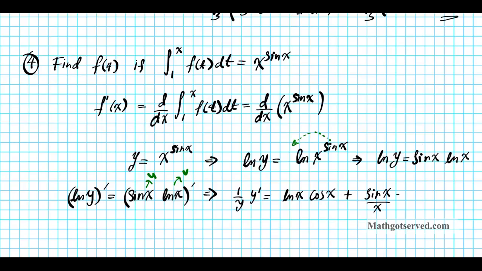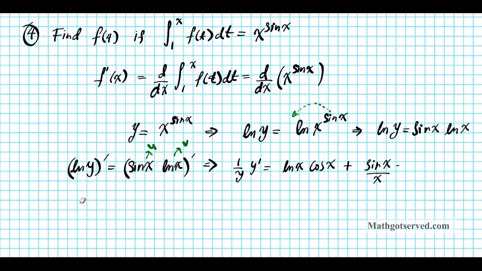If we want to get y prime by itself, y prime is equal to y times ln x cosine x plus sine x over x. But we know what y is, right? Earlier we said that y is equal to x to the sine x.